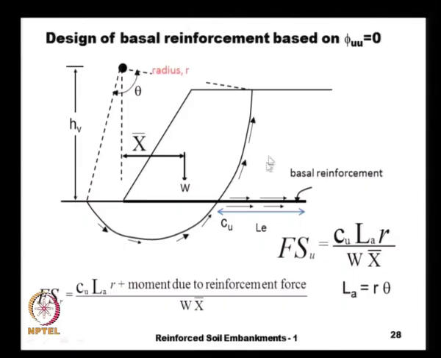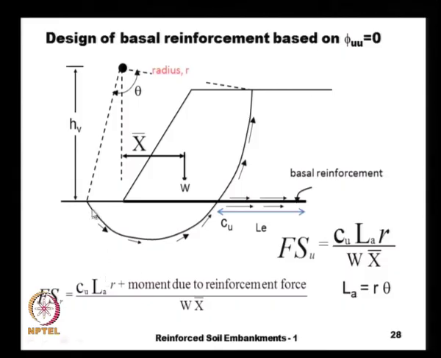and for any given slip surface like this, we can calculate the weight of this soil wedge, that is the W, that is trying to destabilize, and that destabilizing moment.